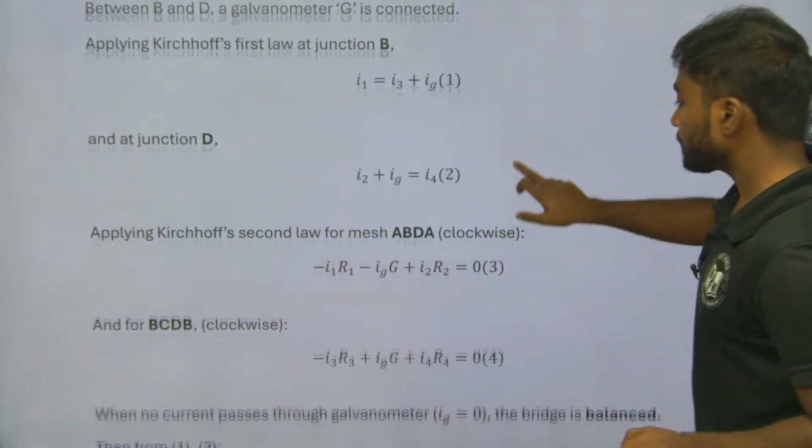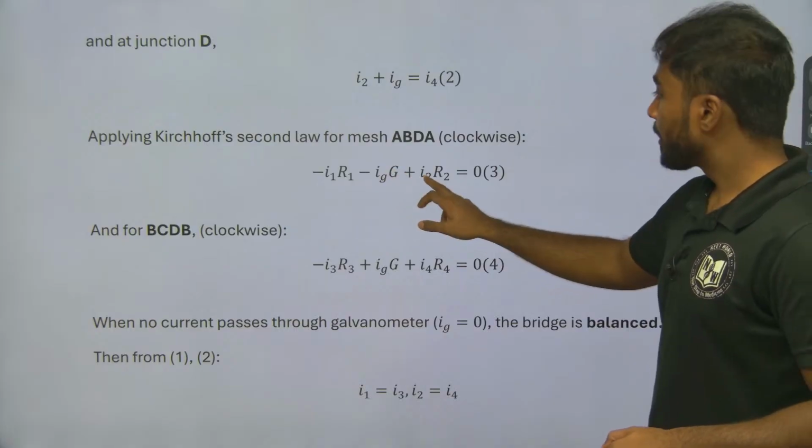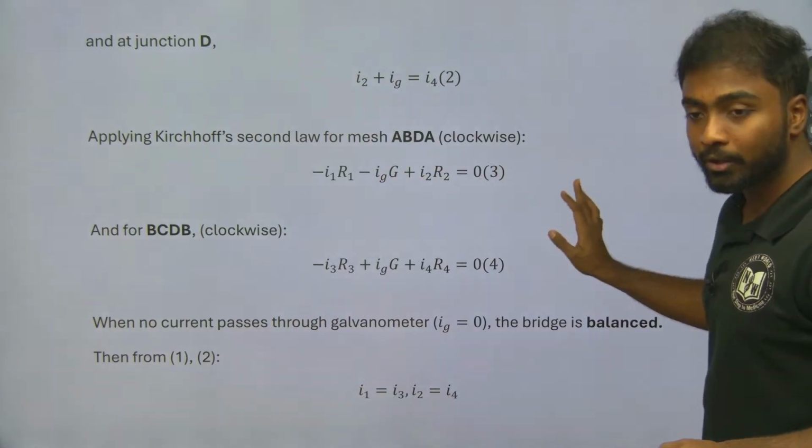So minus I1 R1 minus Ig G plus I2 R2 will be equal to 0.